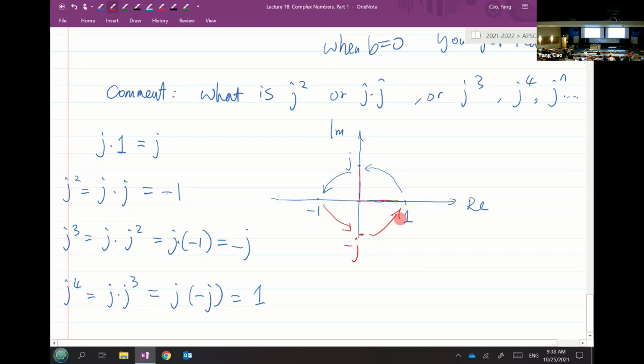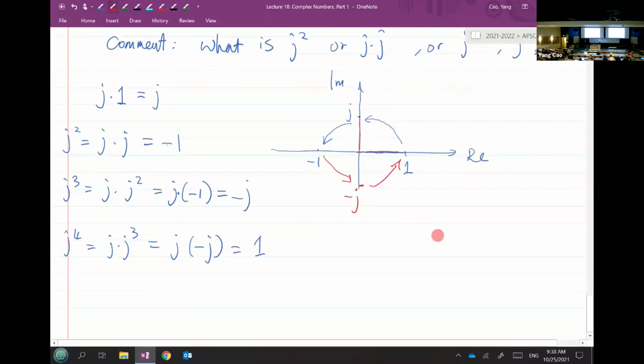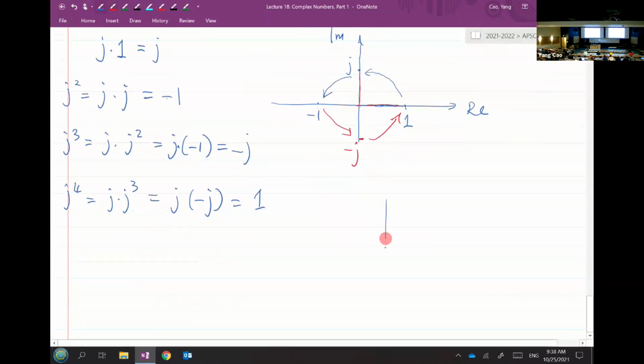Okay, so this is actually an application of complex numbers. Let's suppose you have an image somewhere in the plane here. If you multiply the image with j, what does it do?